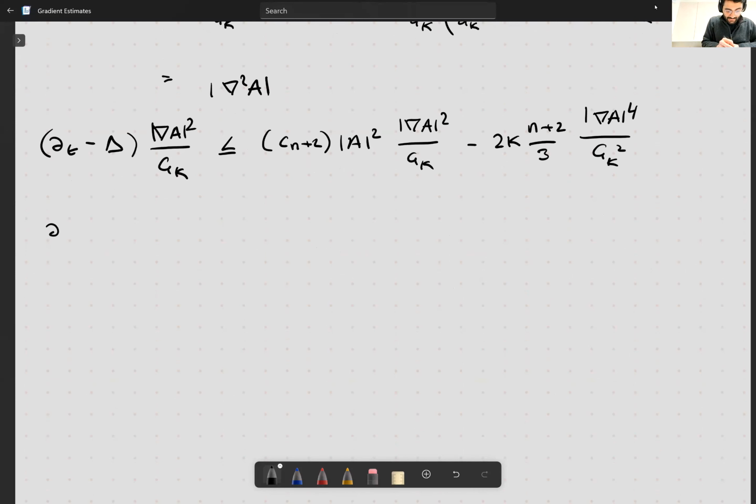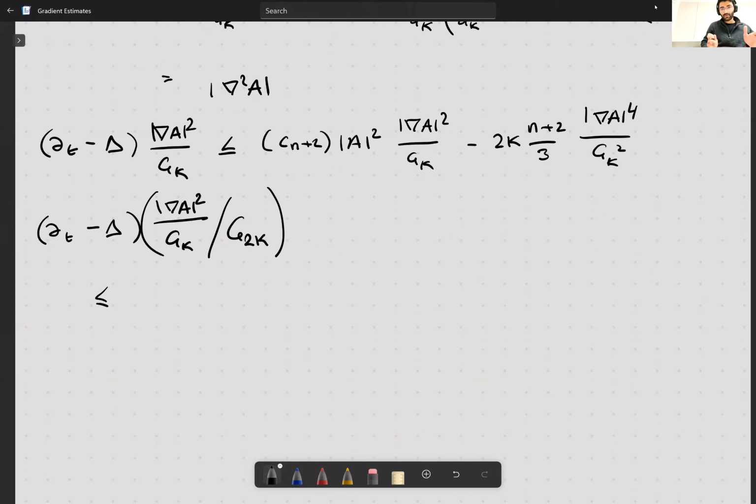So let's do that. Partial t minus Laplacian of nabla A squared divided by GK. And now we just want to do the G2K. So let's just remember what the formula is for when you compute the heat operator on a quotient.